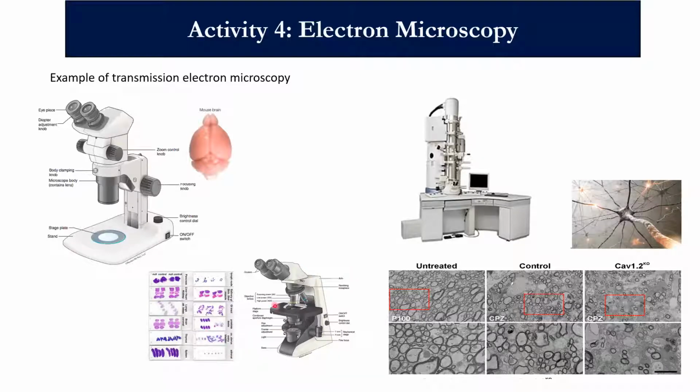I stain it so that I can see the contrast, and then I just make sure, okay, I'm in the right brain region. Once I confirm the brain region, I even slice it thinner, so much thinner than what you're seeing here. We actually slice it with a diamond in order to get it so thin. It's called a microtome that we use.